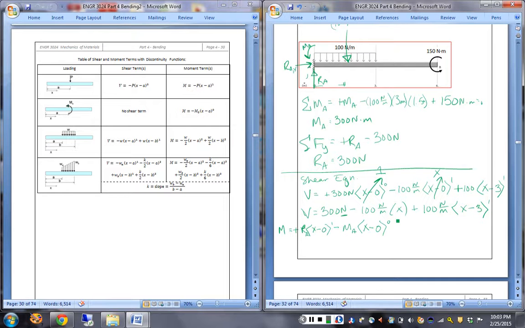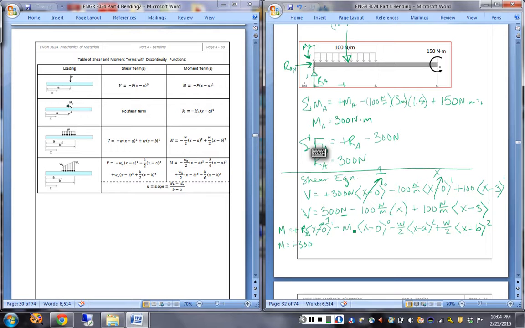We then need the term out of the final column of the table in the third row for the distributed load. So minus W over 2 X minus A squared plus W over 2 X minus B squared. Substituting in the values for these, we have plus 300 x minus 0 to the 1 simplifies to 1.